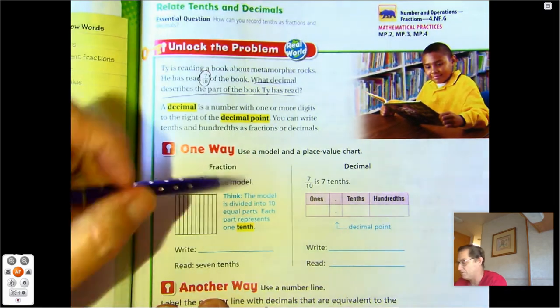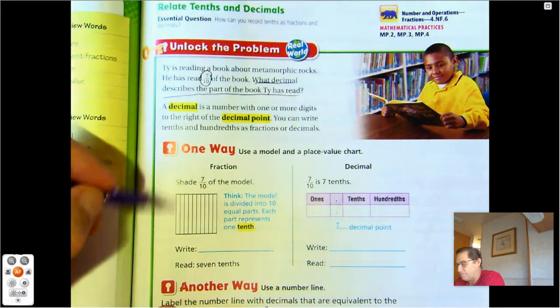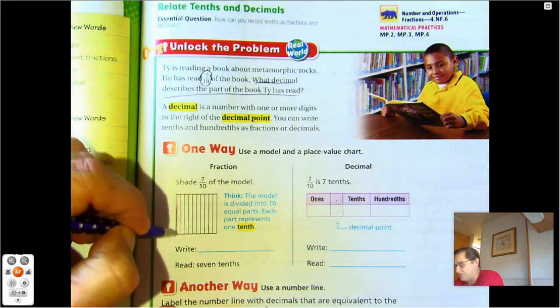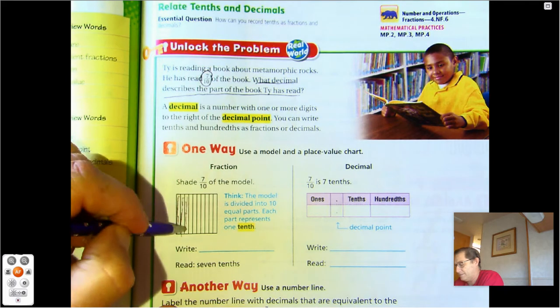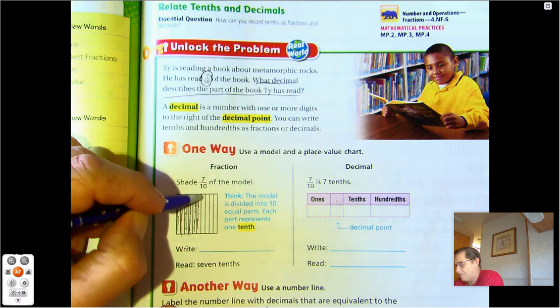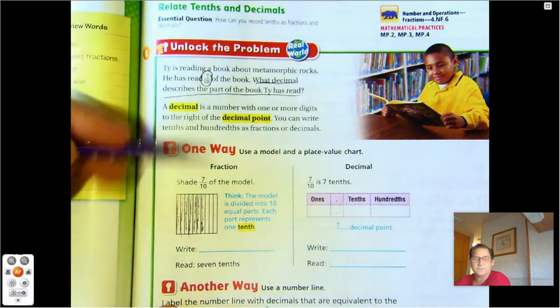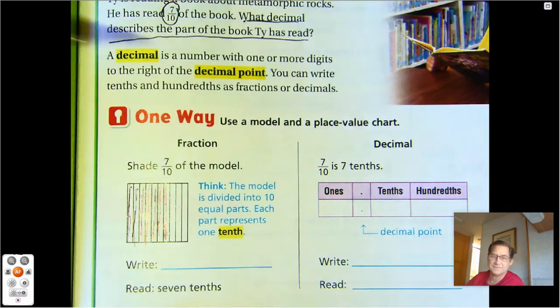So one way, we can use a model and a place value chart. So 7/10, we know that basically means we have 7 sections shaded out of 10 parts. So go ahead and shade in 7. Okay. So this isn't anything new. We know how to make a model of 7/10.